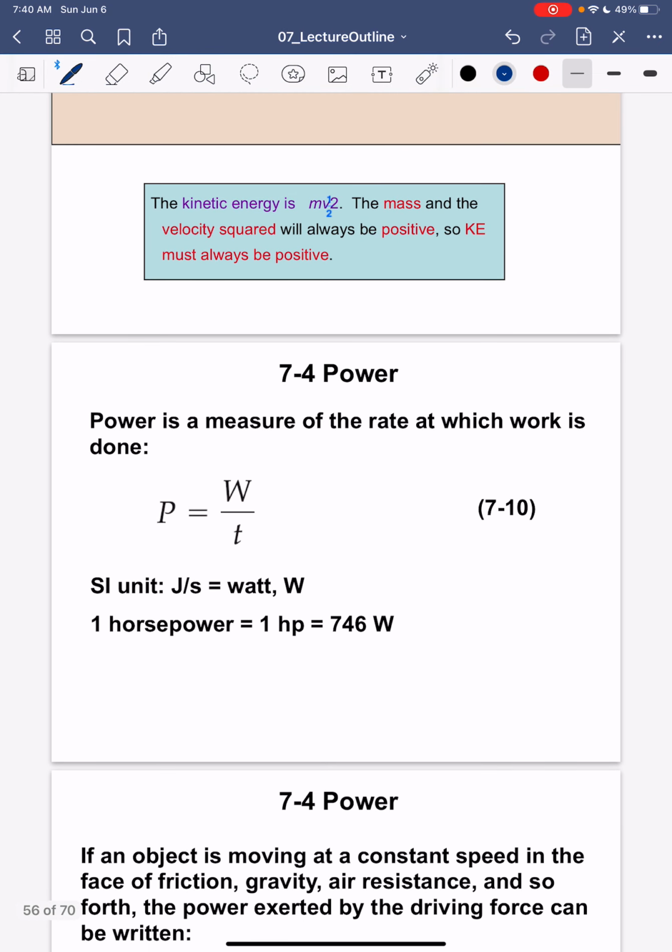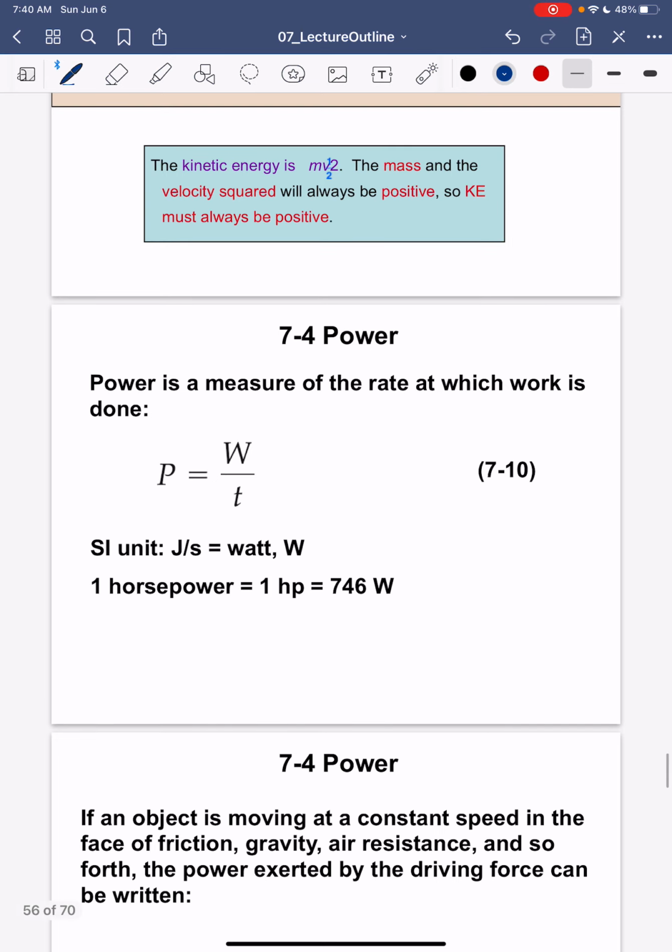Now, power is another concept related to this chapter, and it is a measure of the rate at which work is done. Then P is work divided by time. Then it is related to how fast work is done.